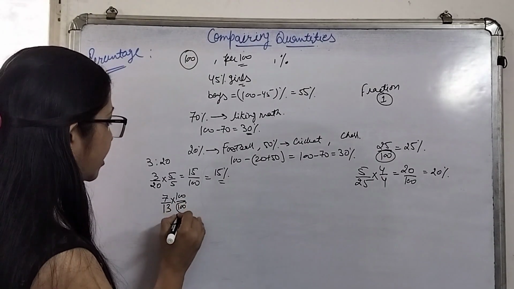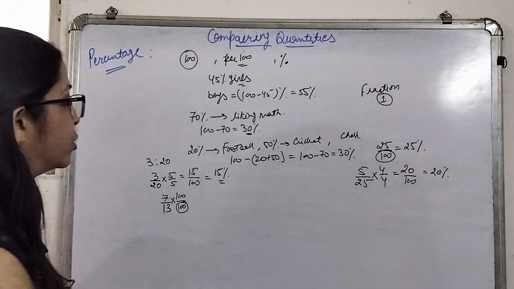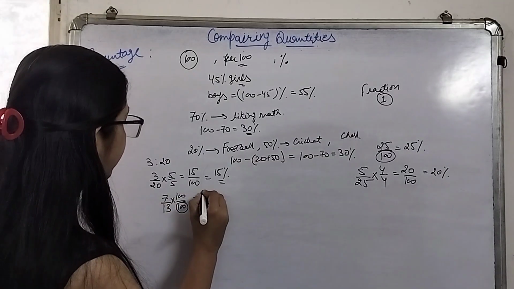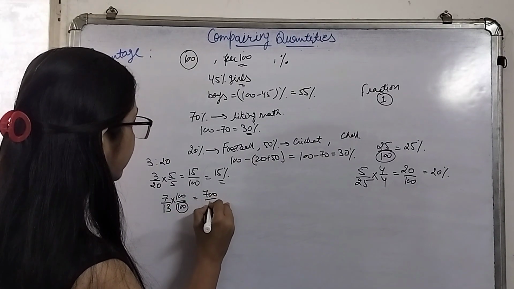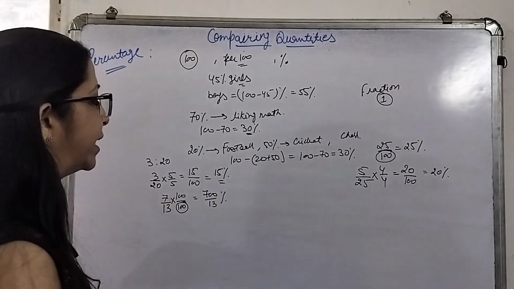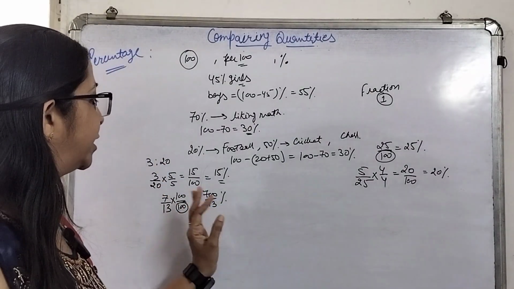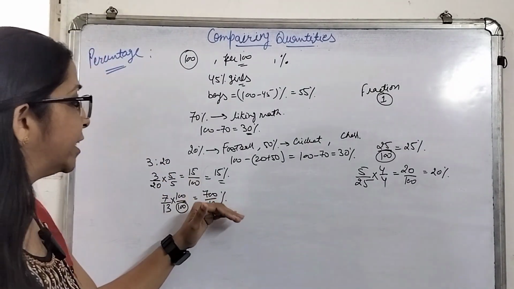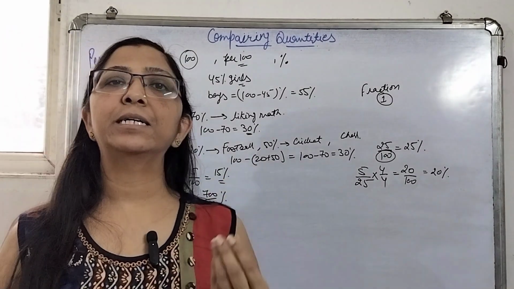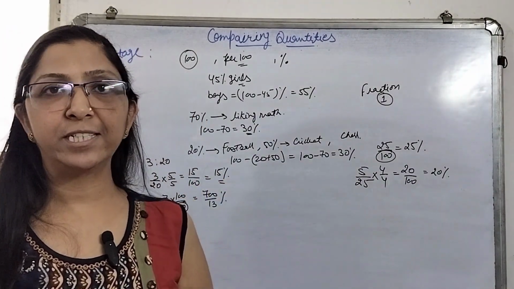Now this 100 will convert it into percentage. So it will be 700 over 13 percentage. If we calculate, it will be something in decimals. So we can anyhow convert it into percentage. For converting it into percentage, we simply need to multiply it by 100 and apply the percentage sign.